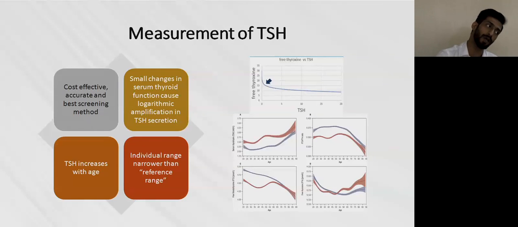Generally, for an adult population, we take a cutoff of 0.3 to 4.5, which is just the 95% confidence interval of the distribution. It doesn't mean a slightly low or slightly high TSH is actually abnormal. They could just be healthy people who fall beyond your 95% interval.